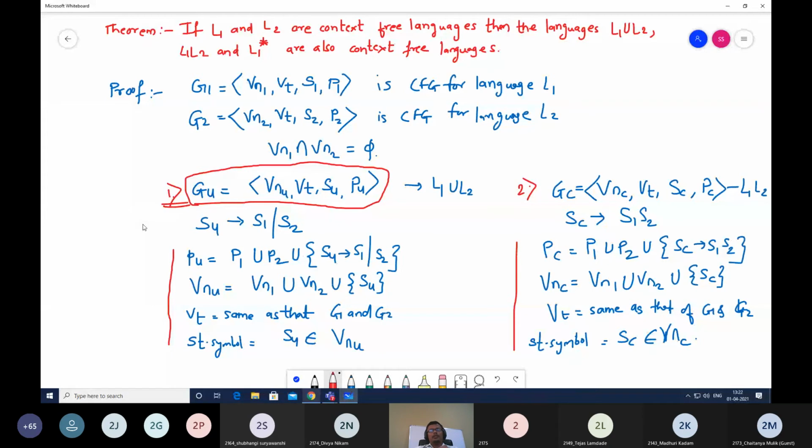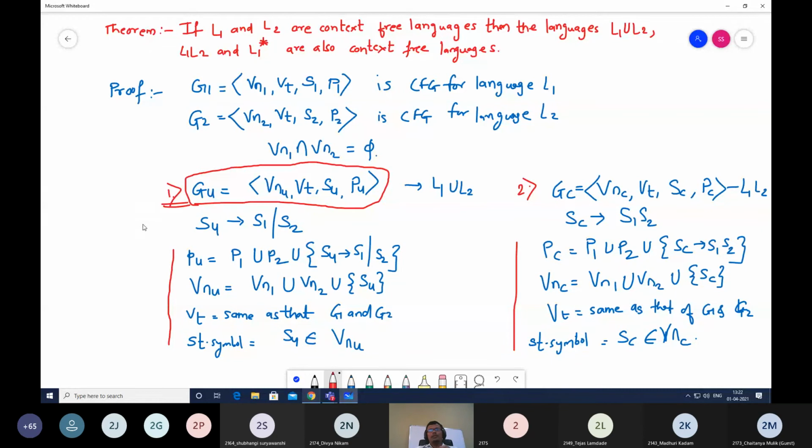So I'll repeat. We take two grammars G1 and G2. G1 is VN1, VT, S1, P1, whereas G2 is VN2, VT, S2 and P2. We assume that there are no non-terminals common between the two grammars, so VN1 intersection VN2 is equal to phi. Then we try to construct three grammars GU, GC, and GK, out of which we have done two up till now, GU and GC.